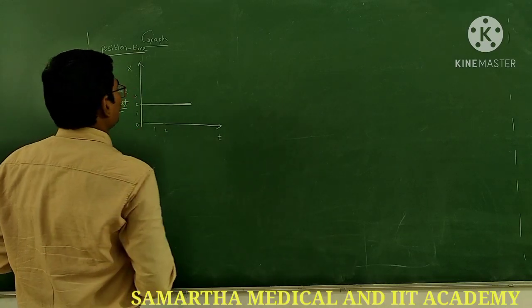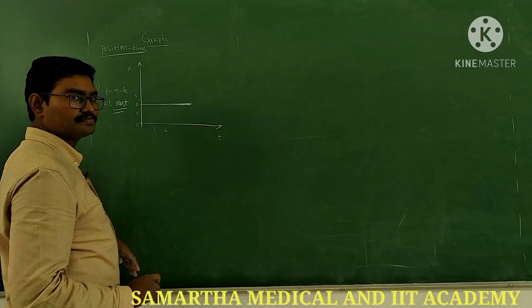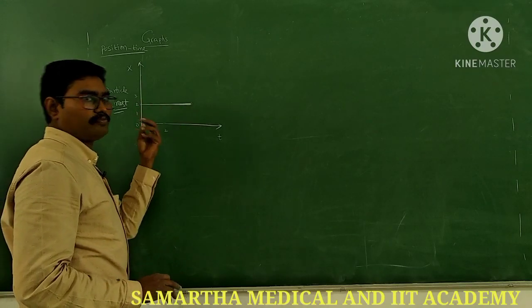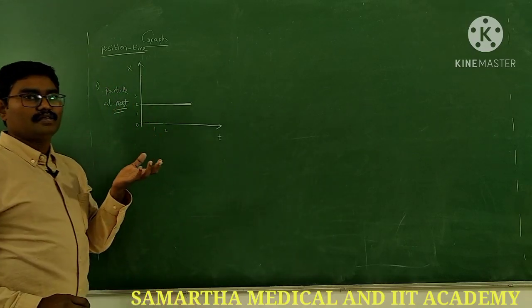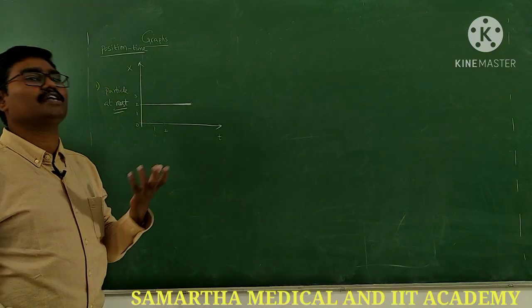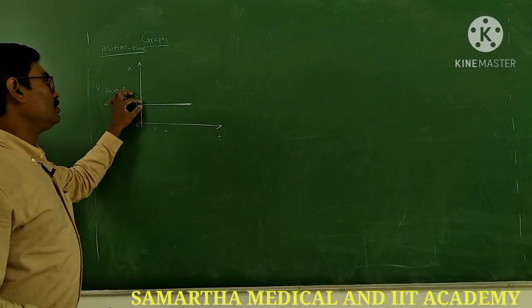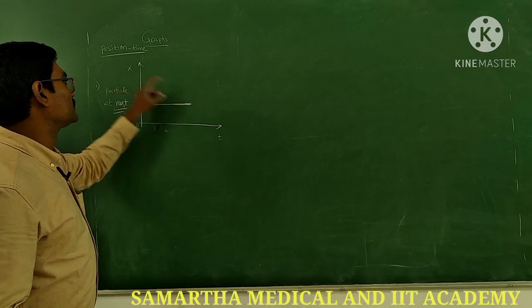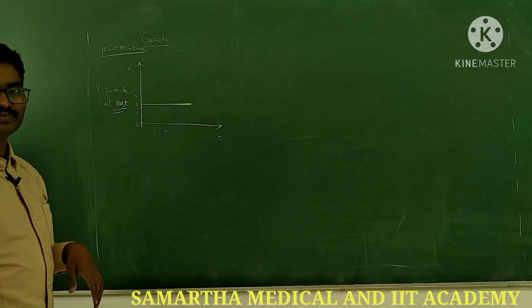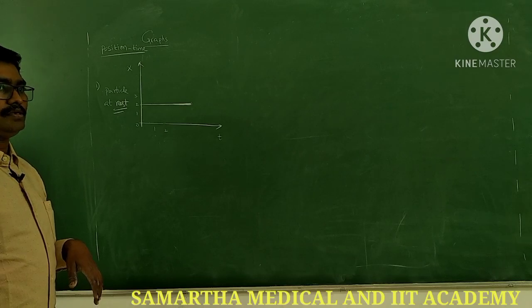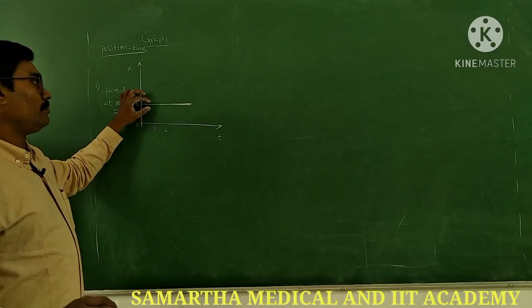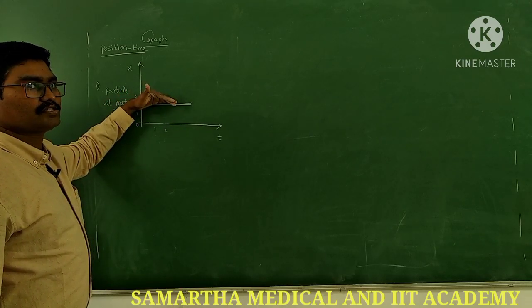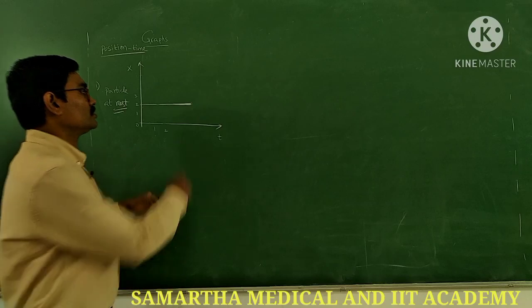Next, for this, what is the slope? Slope gives velocity. The position of the particle is not changing, so what is the velocity? 0. From this xt graph you can calculate the slope. The tangent is parallel to the x-axis, so the slope is 0.